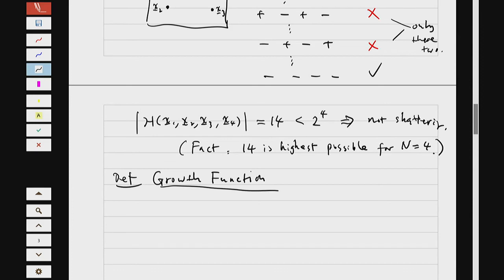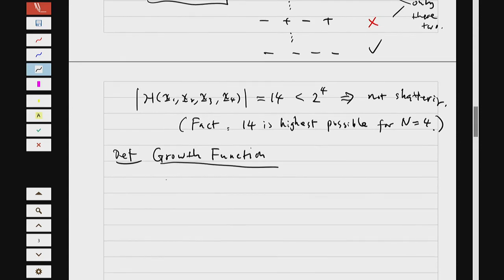Basically, we look for the worst case of this size of the hypothesis, in terms of location that you can choose for the x1s, x2s. We call it the growth function. It's a function of h, also a function of the number of points we have. It is the maximum over the possible locations of the points of this size of the dichotomy set.